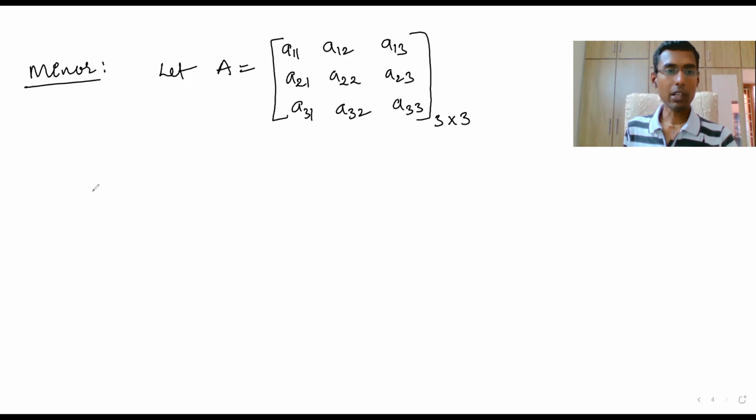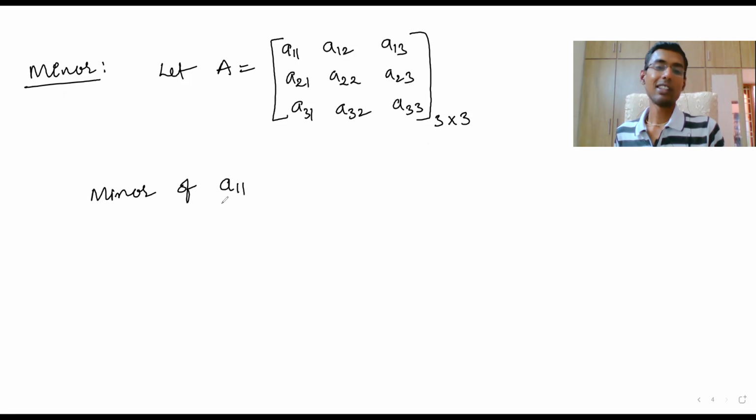So here, minor of A11 is written like this. Minor of A11 equal to M11.